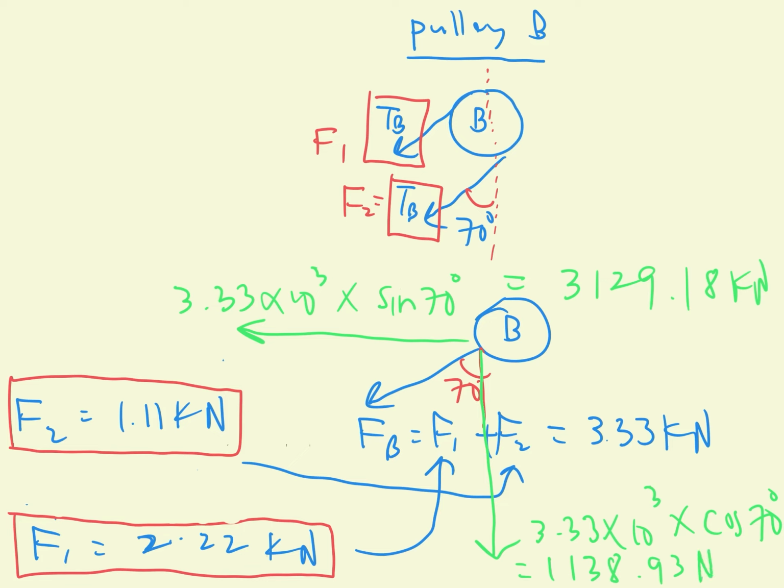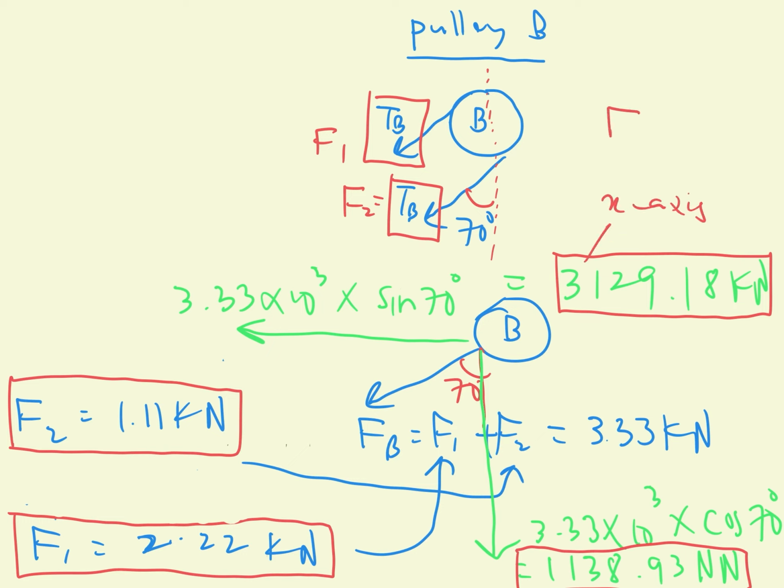And for the vertical it will become 1138.93. So this is for the x-axis of F_B, and this is for the y-axis of F_B.